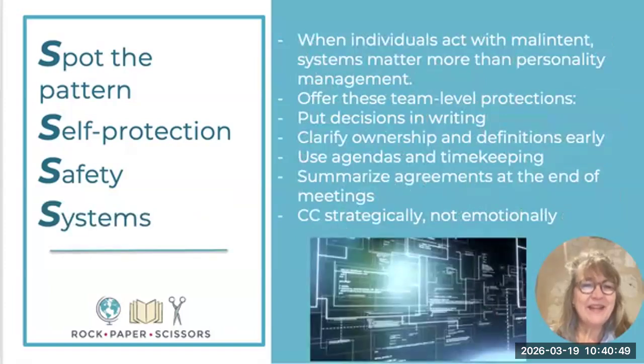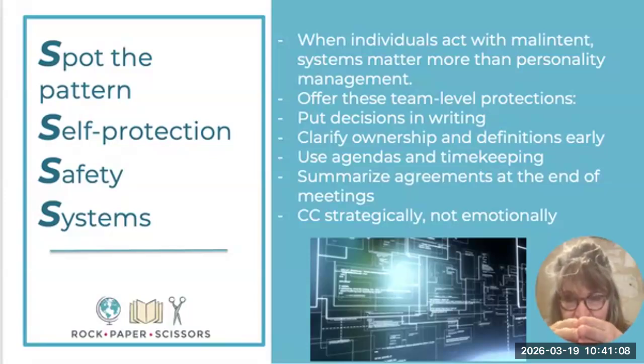Okay, so the next one, we've got spot the pattern, self-protection, safety, and then systems. I like this one because it helps look at the bigger picture, right? Our brains can want us to really, really narrowly focus, and this pulls us back to look at the system. So the system matters more than managing the personality, right?